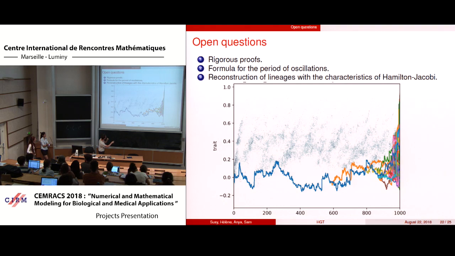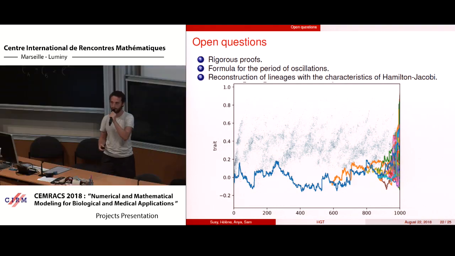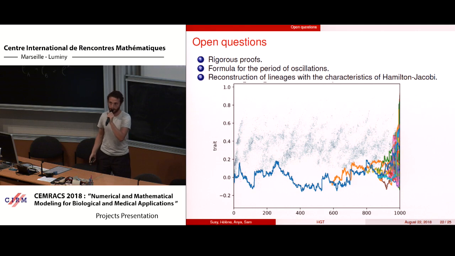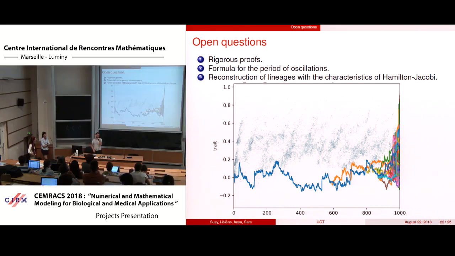There are very few individuals that we are not even able to see on the stochastic picture, but they are there and they are responsible for the population. And we think Hamilton-Jacobi could help to understand this, because we hope that this curve should correspond to the characteristic of the Hamilton-Jacobi equation.